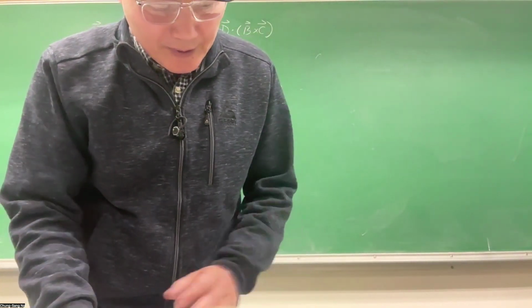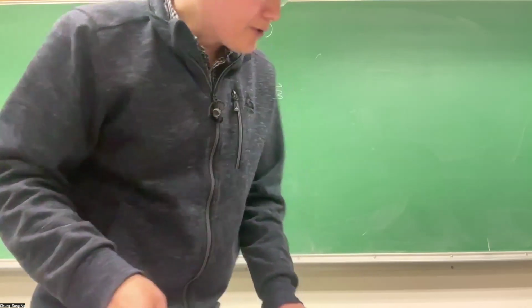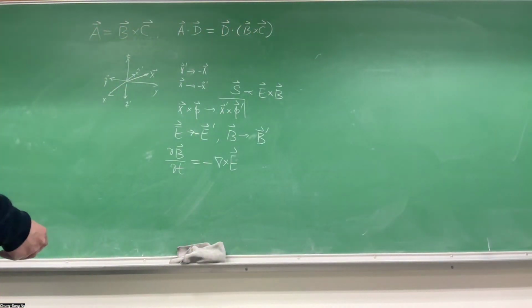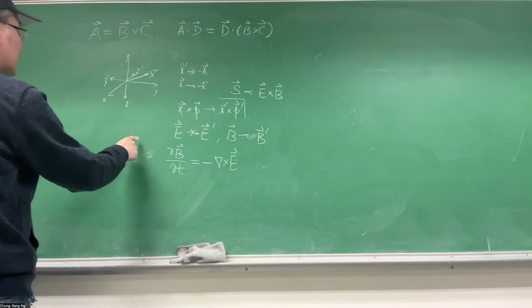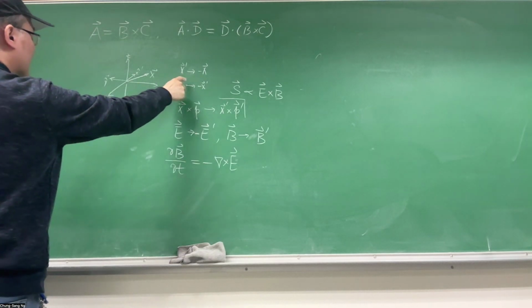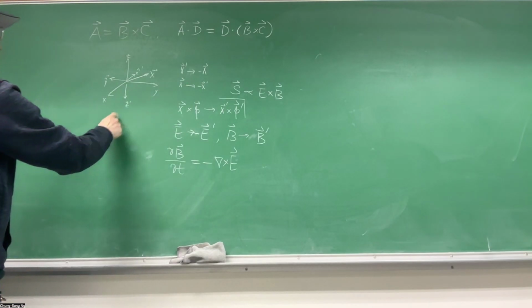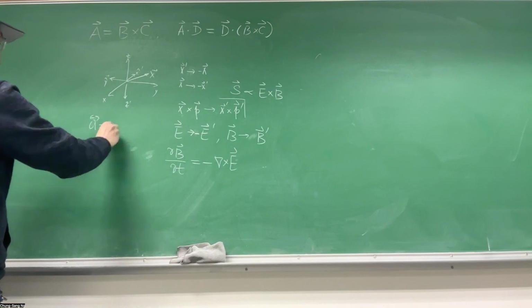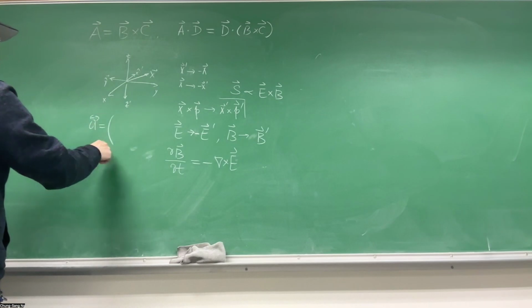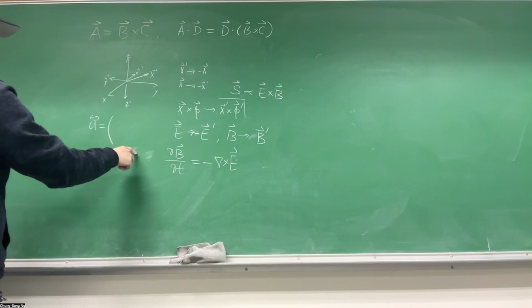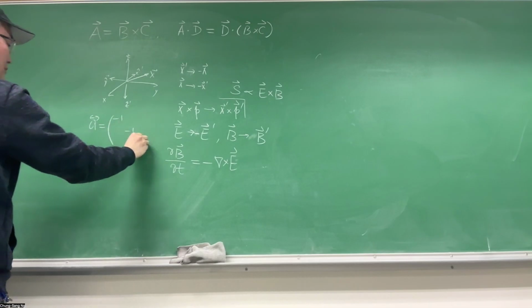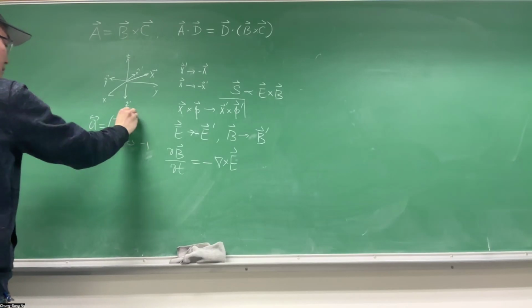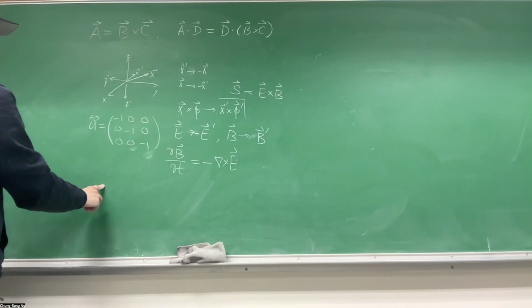So that's the spatial inversion, and that consideration is the same as what we did before with the transformation matrix. The transformation matrix of spatial inversion is quite obvious. You just change x to minus x, y to minus y, so you have minus 1. This is a special case of an improper transformation.